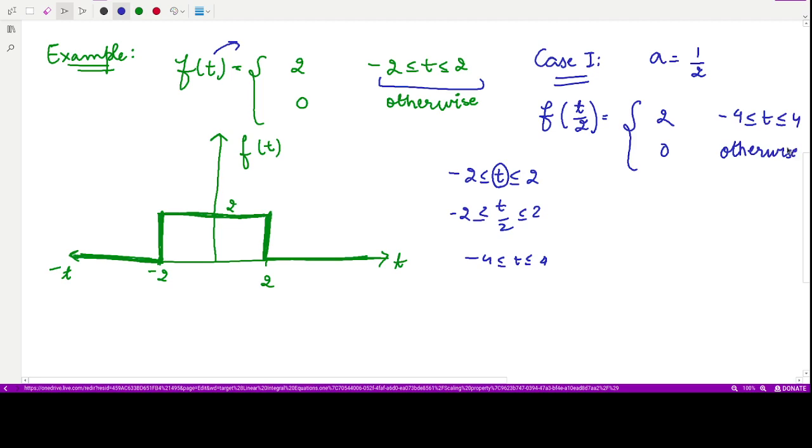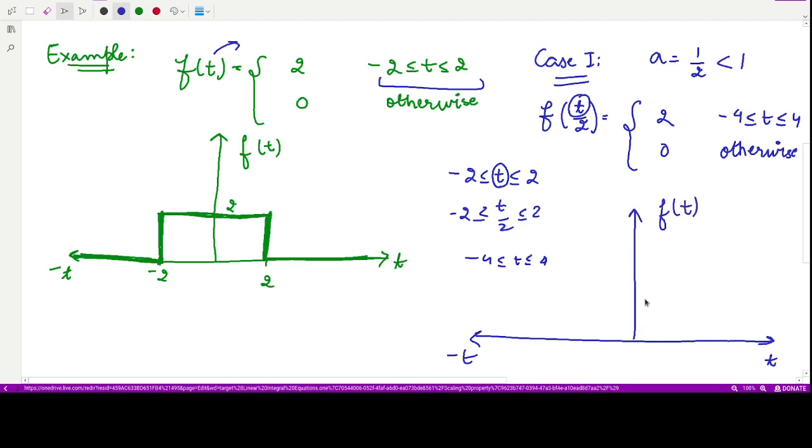So this is your expanded function when you multiply this given t by 1 by 2, which is less than 1, right? Your function would now look like this. This is the t axis, this is the function's axis over here, right? The value here is 2, the values here are -4 and 4.